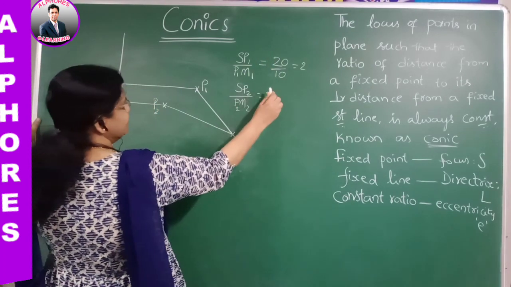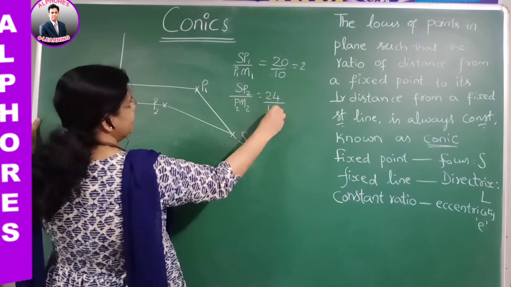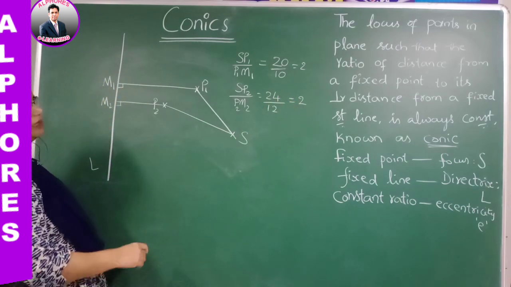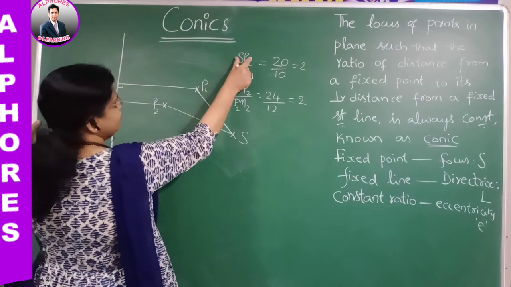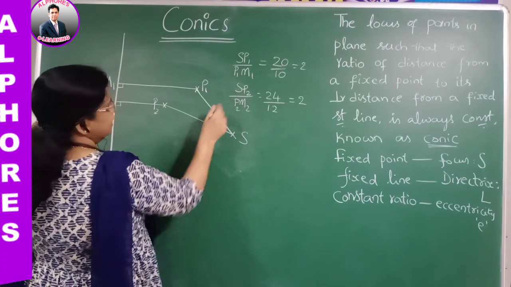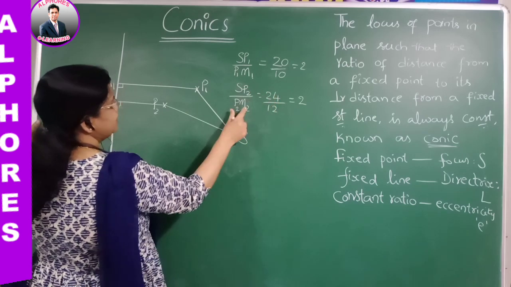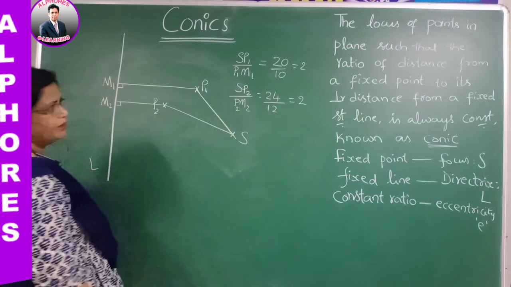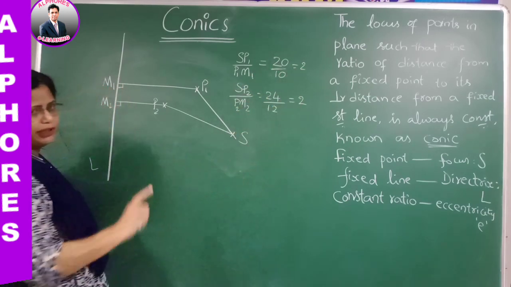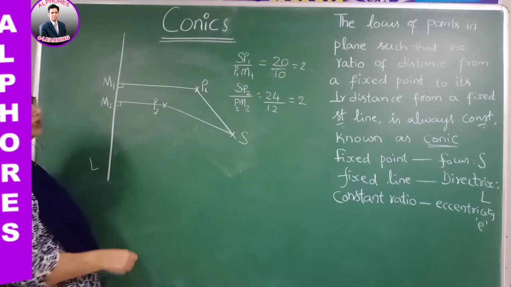And suppose I got 24 and 12, then again the value is 2. However the distances SP1 is 20 units, P1M1 is 10 units, SP2 is 24 units, P2M2 is 12 units, finally the ratio is the same thing. That is the meaning of a constant ratio.